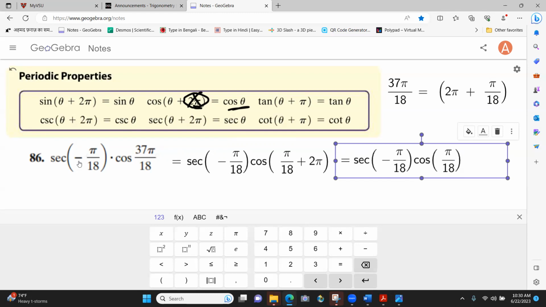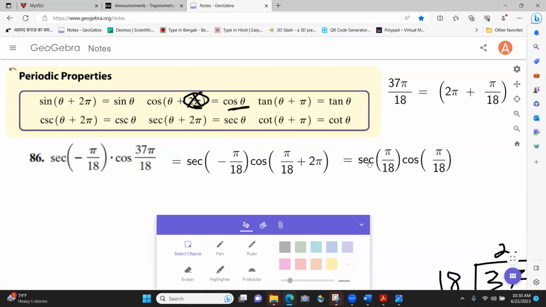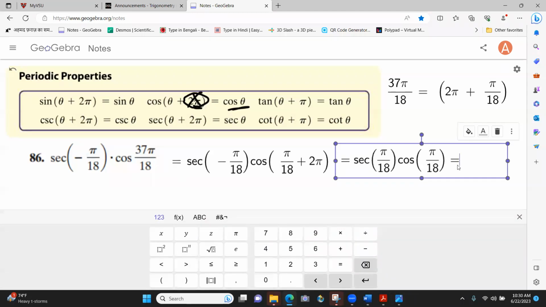Remember, odd and even property, secant and cosine, you can ignore this minus sign. So I'm going to go ahead and ignore it. What do I see here? Secant of pi over 18, cosine of pi over 18. Secant and cosine are reciprocals, okay? Reciprocals, and you're going to write 1.